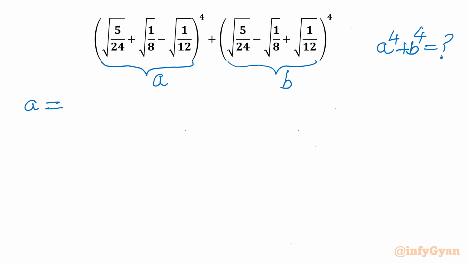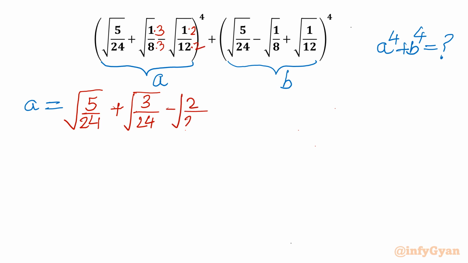So we can write A is equal to square root 5 over 24 plus, now here we can write a common denominator by multiplying by 3, so I can write here 3 over 24. Here we can multiply with 2, so in the denominator also 2. So we can write minus square root 2 over 24.